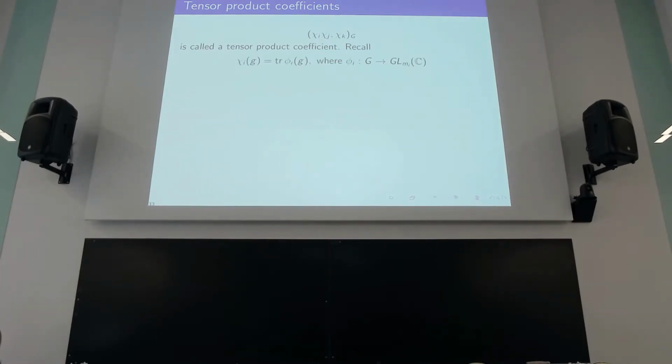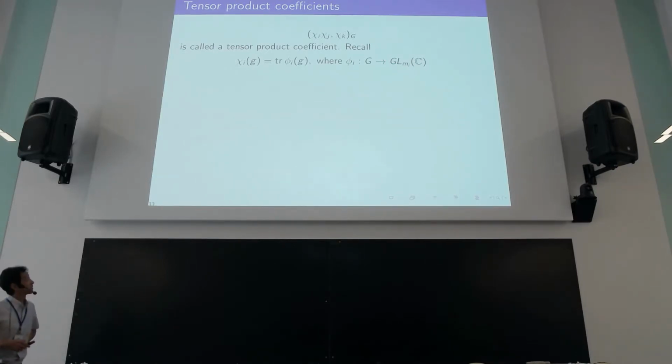If you recall, the character was just the trace of a representation. So character is associated to a representation, which I wrote phi before. Phi is a homomorphism from the group G to the general linear group, say, of size mi, and the trace is denoted by chi I, and that is called the irreducible character.